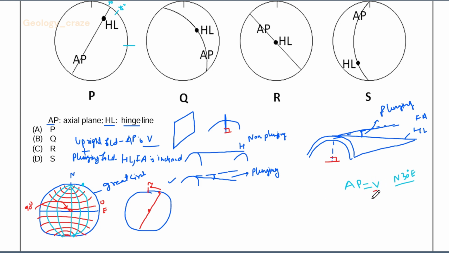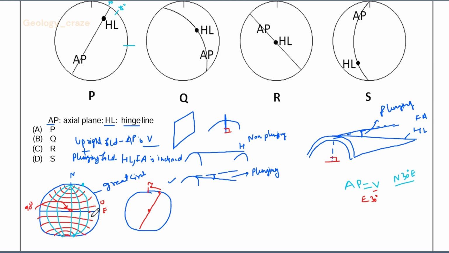This amount we measure in east-west, from either end. In our case it is 90 degrees, so it will come at the center. If it were dipping toward east 30-degree, we would calculate from east, 1, 2, 3, up to 9, and after 9 there are divisions.